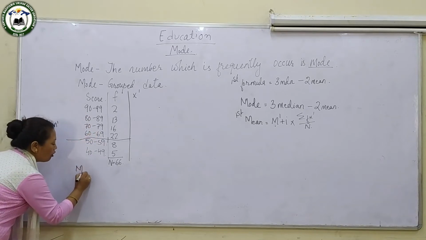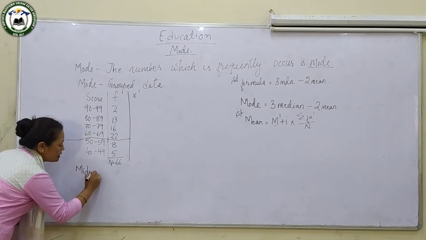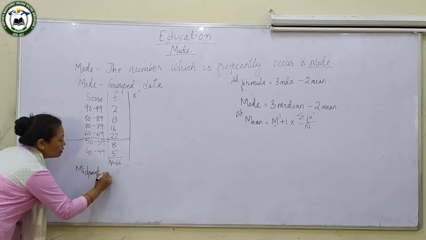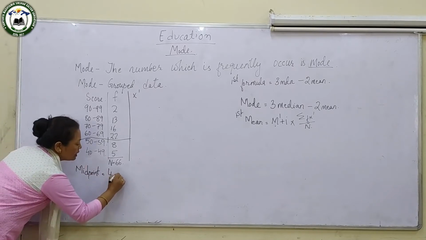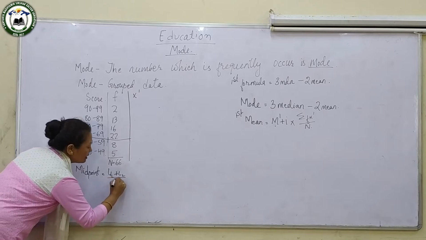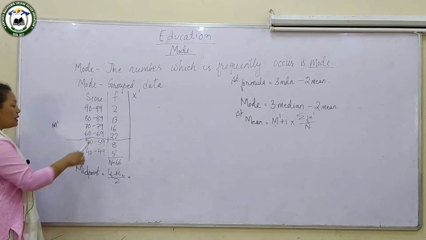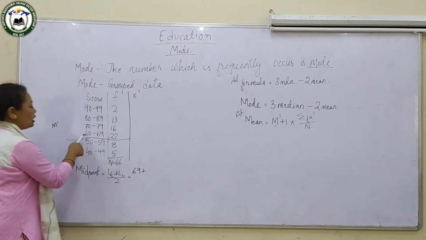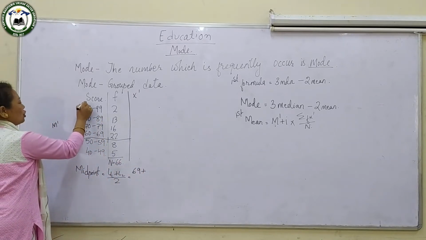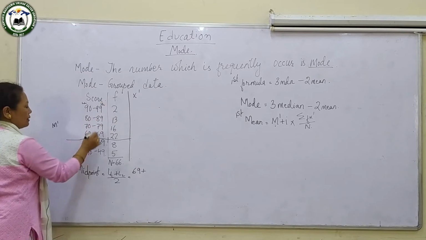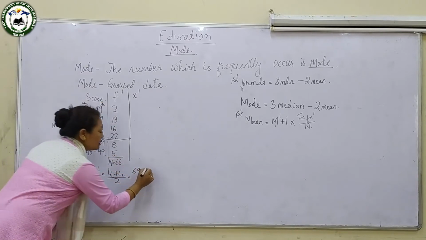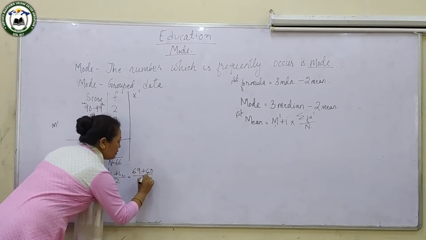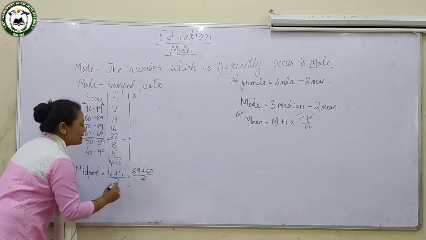The formula for midpoint equals upper limit plus lower limit divided by 2. My upper limit is 69 plus my lower limit, which is 60, divided by 2. So how much will I get?